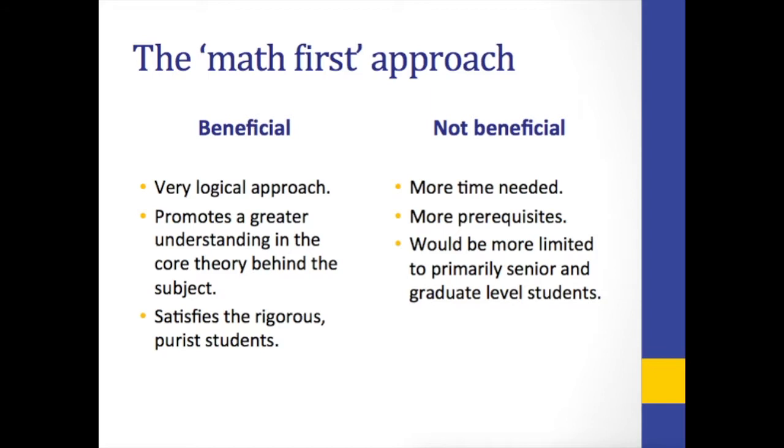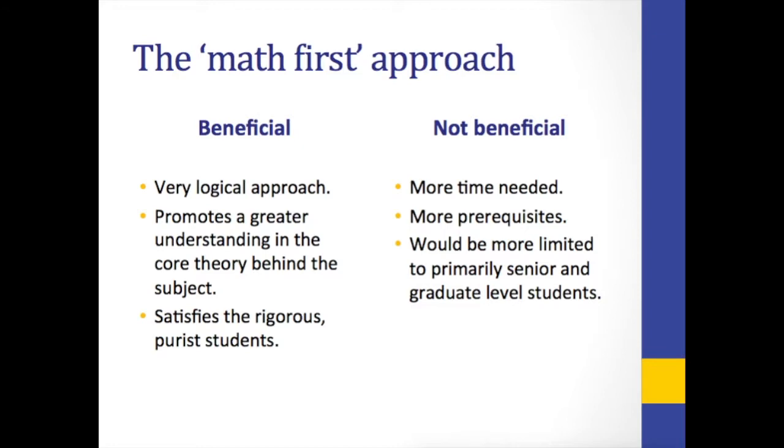So it would be limited primarily to senior level undergraduate students, and then the graduate level students at that point with those prerequisites. But it is very doable for the math first approach, and it is a very viable method. You do get the better theory. You get a lot of things, and that pure student is going to be very happy with that. But it's not the only way.